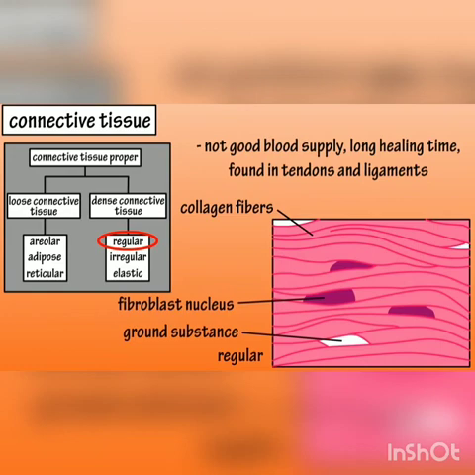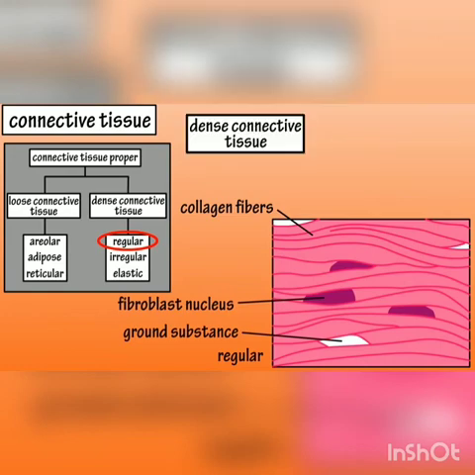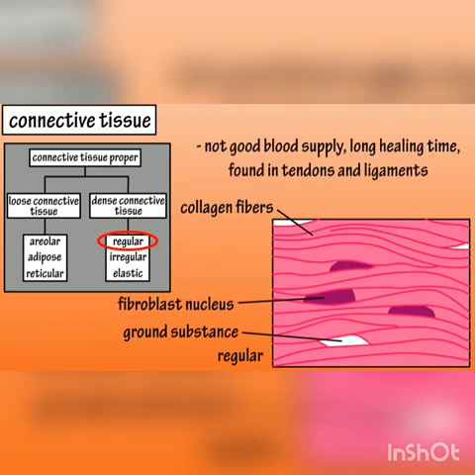Dense regular means collagen fibers arranged in rows, many parallel bundles, okay? Some are elastic. So the major cell type is the fibroblast. Dense regular connective tissue is present in tendons and ligaments. So what is a tendon? Tendon attaches the skeletal muscles to the bones, whereas ligaments attach one bone to another.